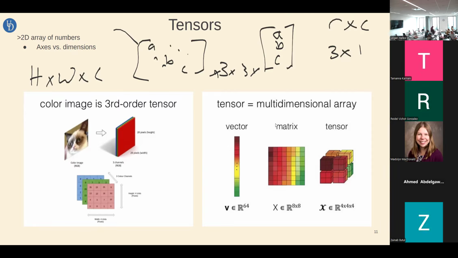Height and width are the size of the basic image, and for a grayscale image it's just one channel, colored from black to white, usually 0 to 255. Color images have 3 channels: red, green, blue. So that's one really key place where a tensor comes into play.